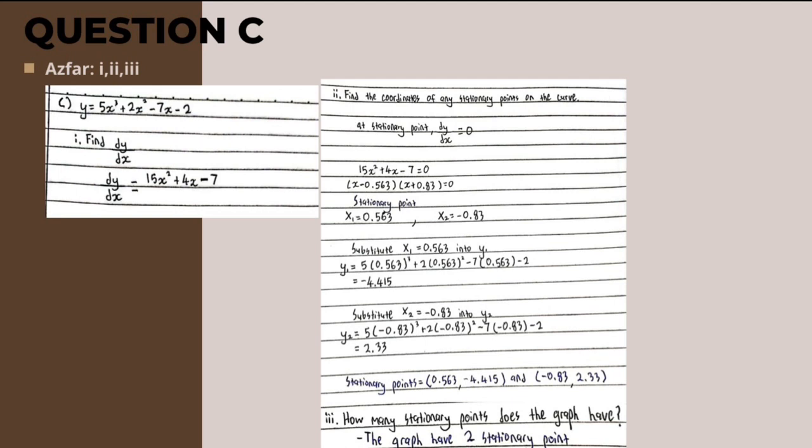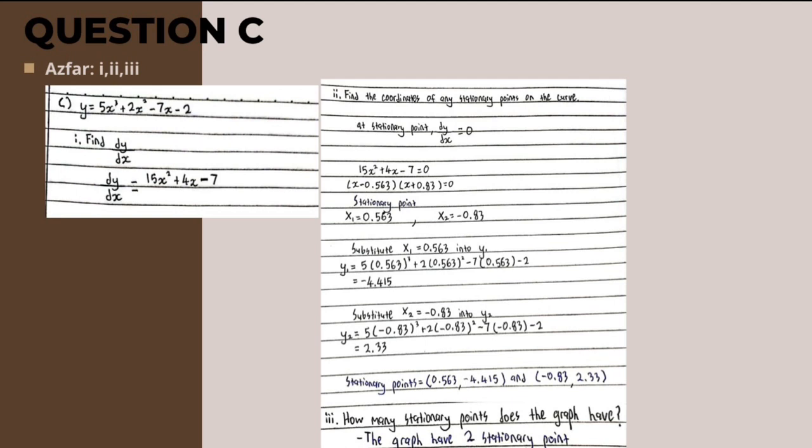Substitute x1 equal to 0.563 into y1. So y1 equals 5 in bracket 0.563 power of 3 plus 2 in bracket 0.563 power of 2 minus 7 in bracket 0.563 minus 2.